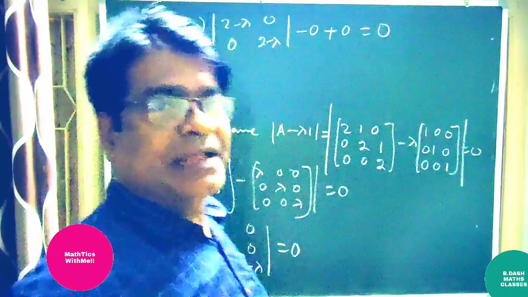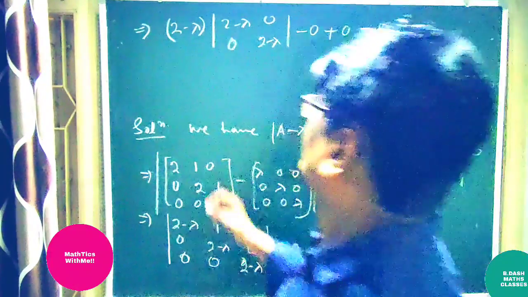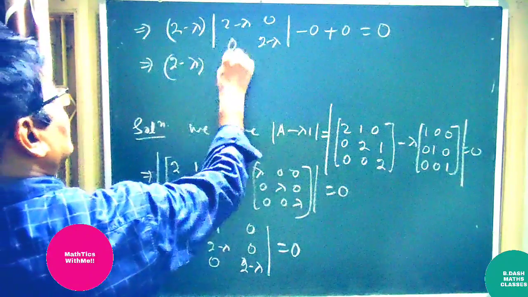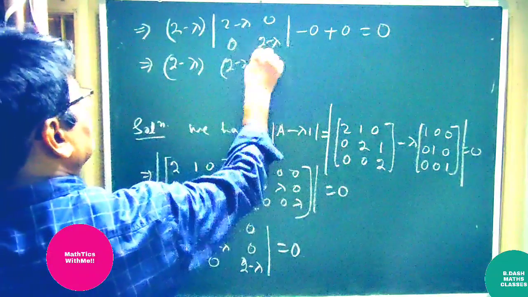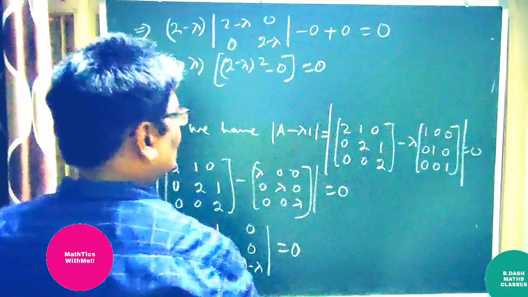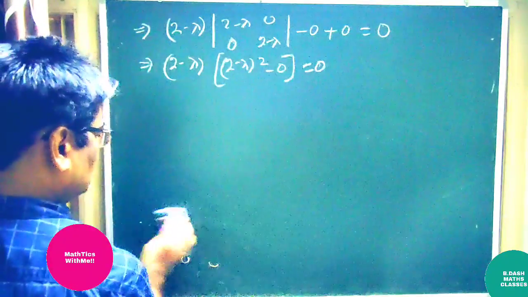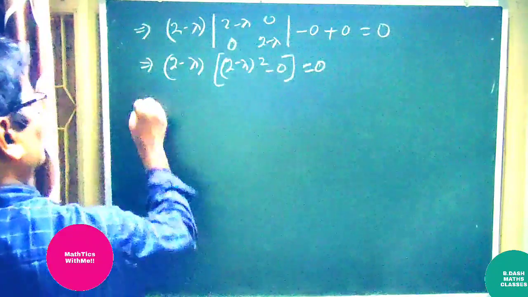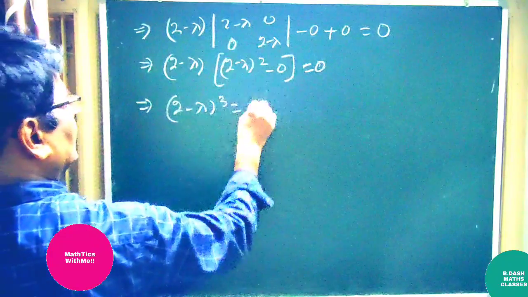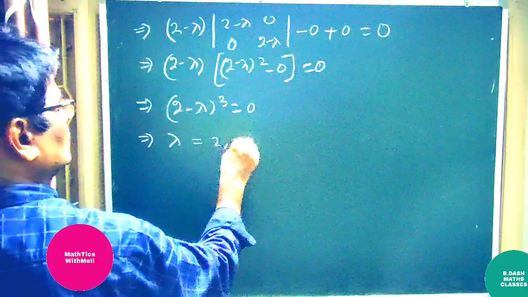We are expanding this determinant taking the first column only. So this equals (2 minus lambda)(2 minus lambda) square minus 0 equals 0, which is (2 minus lambda) cube equal to 0. So lambda equals 2, 2, 2.